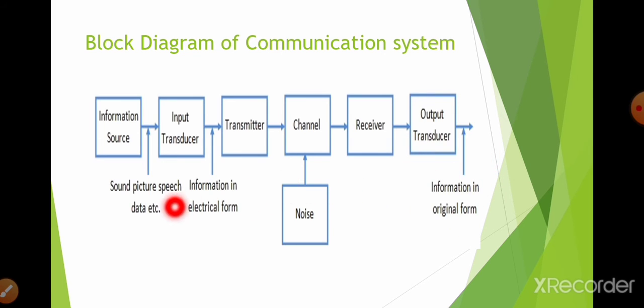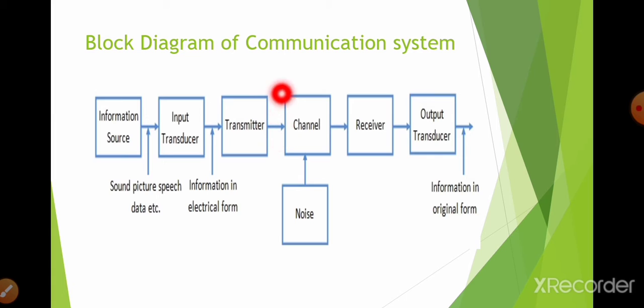For example, in mobile phone communication, person A wants to communicate with person B, and the original information is in the form of sound. The input transducer converts sound energy into electrical form. Then, as mobile communication is wireless communication, the electrical form is converted into electromagnetic form.